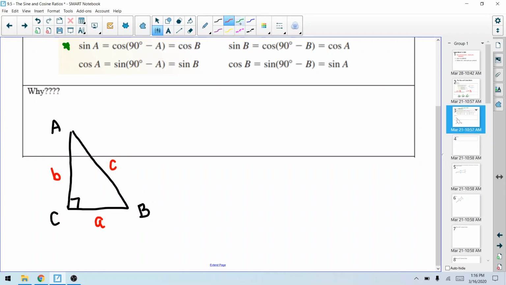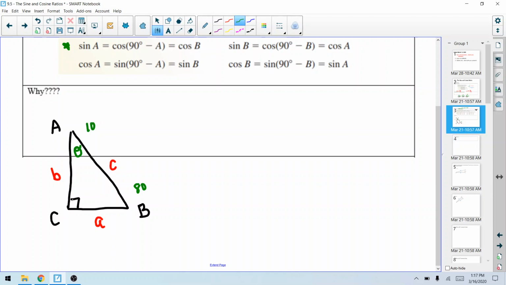Now I'm going to pick a reference angle. The reference angle I'm going to pick is angle A, and I'm going to label that theta. So just a couple things, because now we need to figure out what B is. I'm going to pretend for a minute, and ask, if angle A is really 10 degrees, then what would angle B have to be? And I'm hoping you're thinking 80.